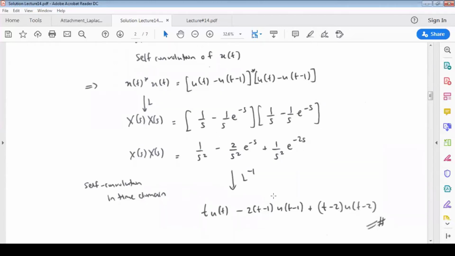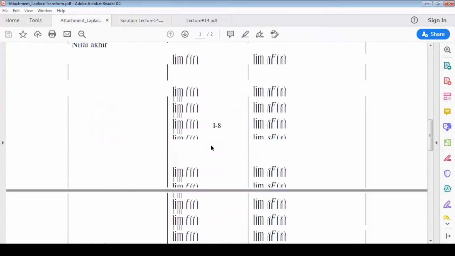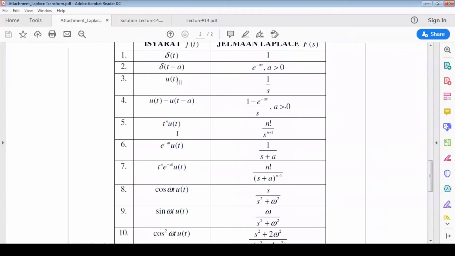In order to find the result of this self-convolution, we have to do an inverse Laplace transform. You can refer to the table where we have 1 over s squared. Let's proceed with page 2. I'm referring to signal number 5: t^n u(t) gives n factorial over s to the power of n plus 1.